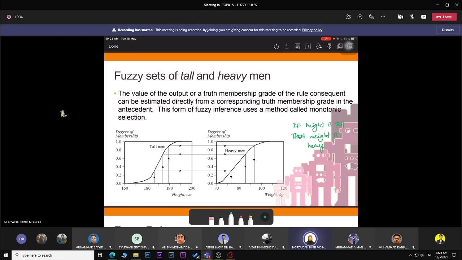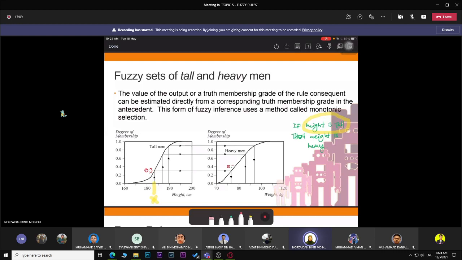However, you don't have any value here yet. So when you want to fire the rules, usually you have to find the degree of membership of this part first. Okay, say when you want to fire, you look, someone X is here, and his height is about 183 centimeters. So his degree of membership belonging to height is tall is about how much? 0.3. Okay. So we also apply 0.3 to his weight.